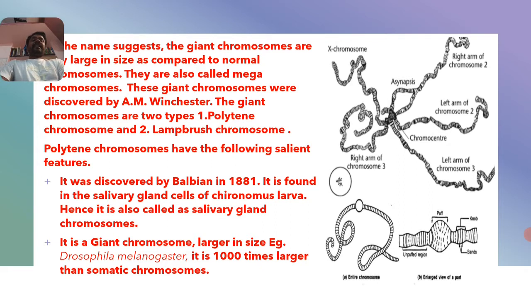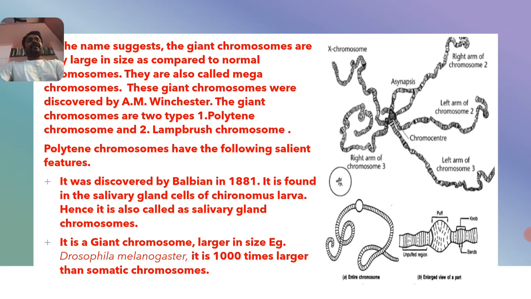See, in endomitosis, the nucleus does not divide, but inside the nucleus there are a number of chromosomes. Those chromosomes repeatedly undergo replication inside the nuclear region.